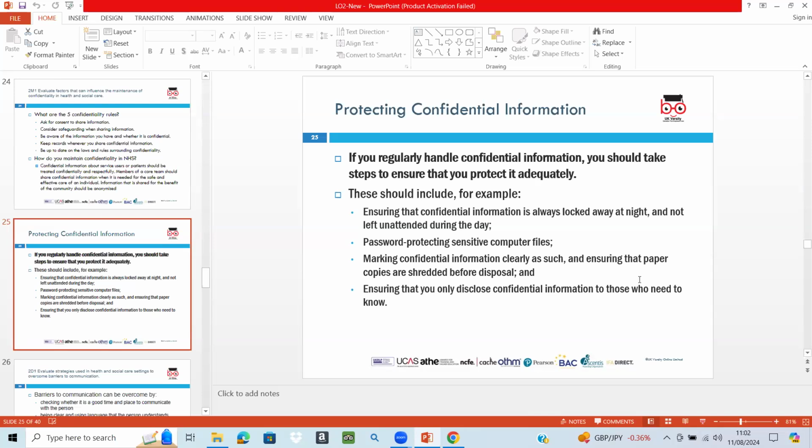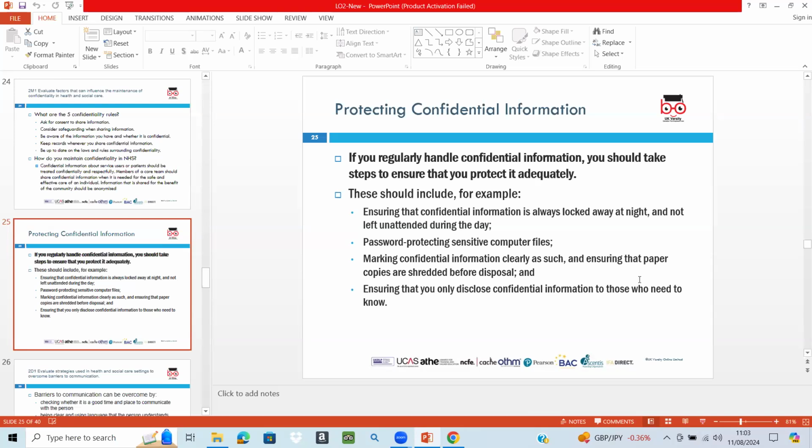Then we have shredding paper copies before disposal. Any paper documents containing service user information should be shredded before disposal to prevent unauthorized access. For example, when service user records are no longer needed, they should be shredded rather than simply thrown away.